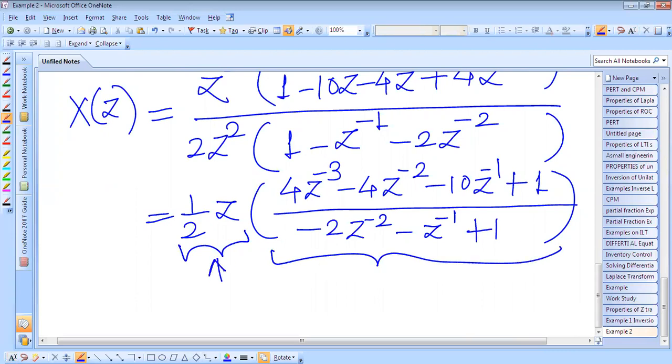This factor we can incorporate at a later stage by using the time shift property, and now we will focus on this factor only, the ratio of the polynomials in the parenthesis, and use the long division method to reduce the numerator polynomial.